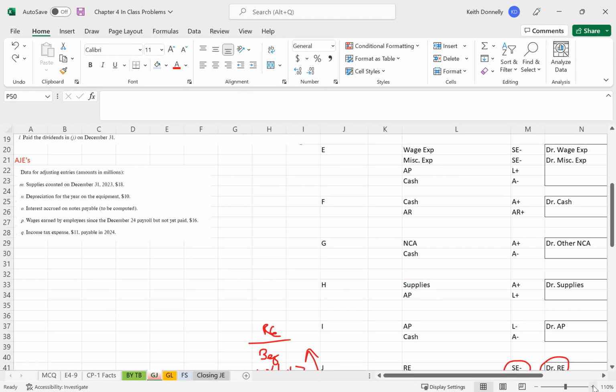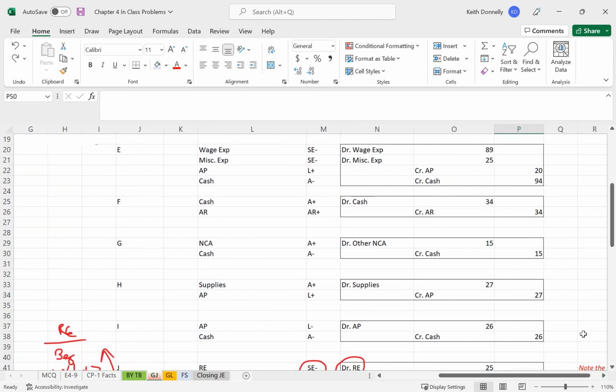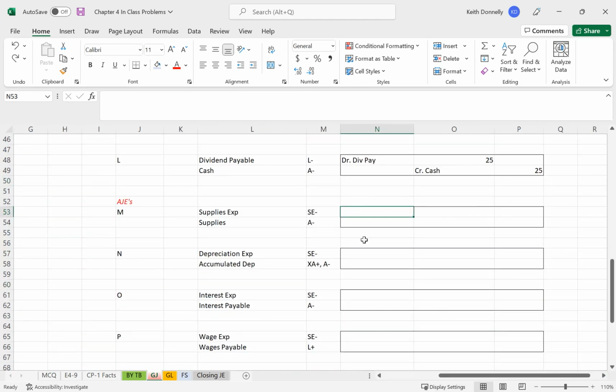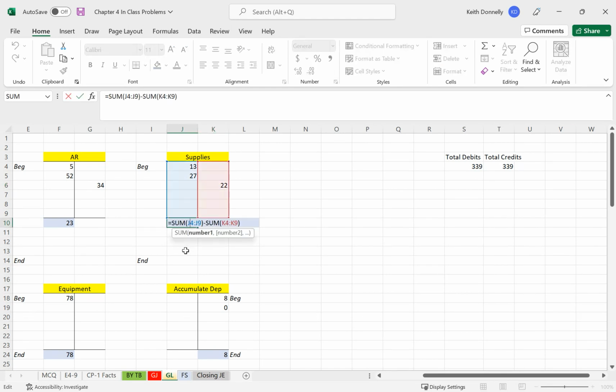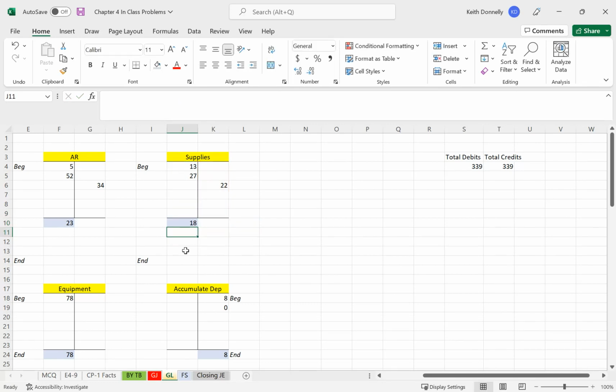What you would do here then is debit supplies expense for 22, credit supplies for 22. Based on how it's auto-linked, it makes sense: you started with 13, you bought 27, you used 22, that gets you 18. That's the formula in there for all these guys for how it shakes out.